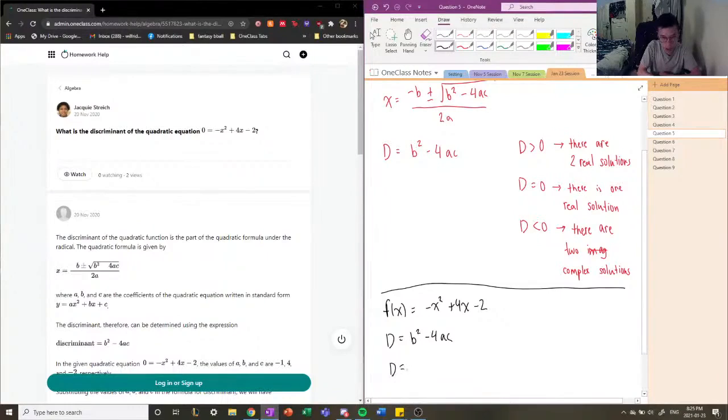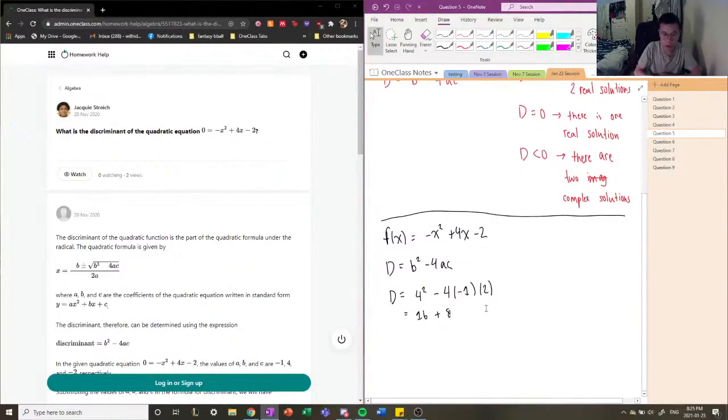This is what we get. D equals 4 squared minus 4 times negative 1 times negative 2, and we get 16 plus 8, okay, which is equal to 24.